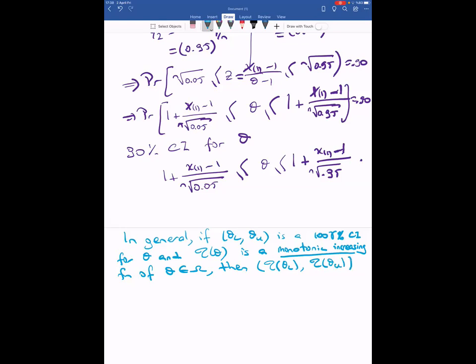So this will be a 100 delta % confidence interval for tau theta.